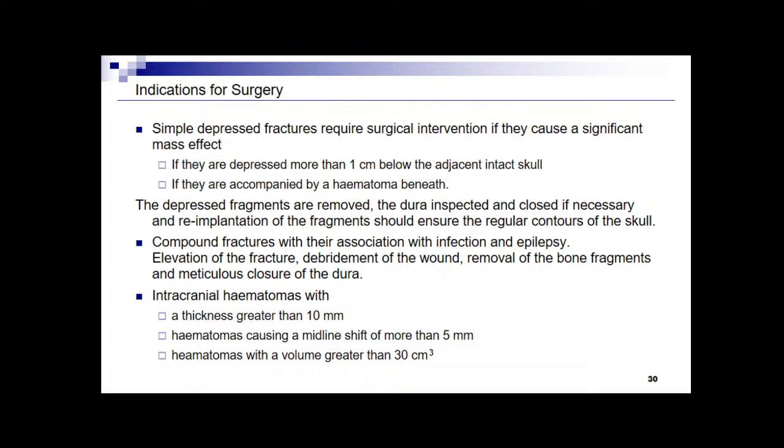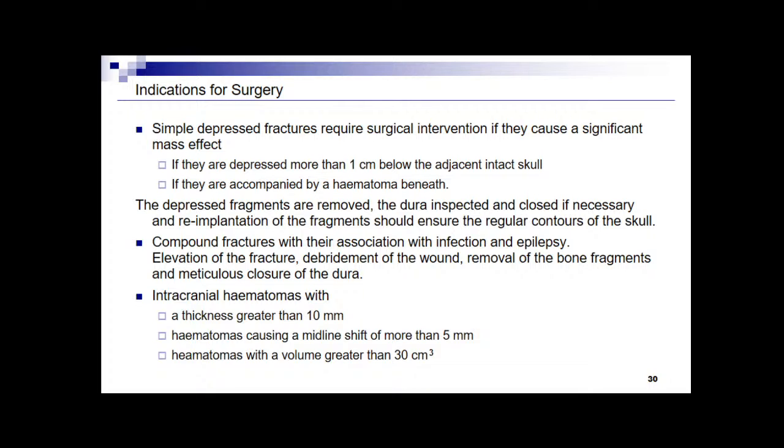The dura is inspected and closed if necessary. If the dura mater is damaged, you should stitch it closed. And if the bone fragments keep their blood supply with periosteum, you should reimplant the bone fragments into their initial position and fix them to avoid secondary displacement in the postoperative period.